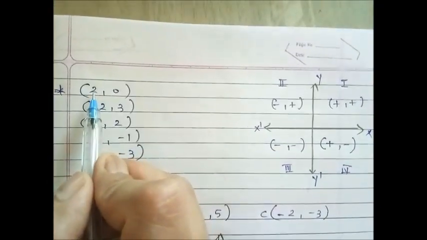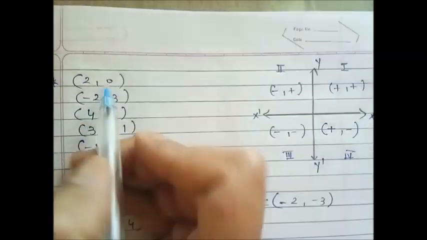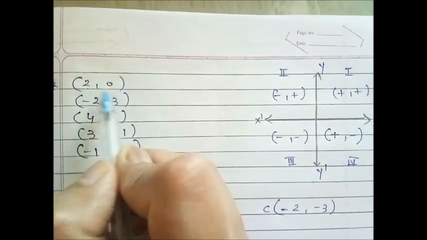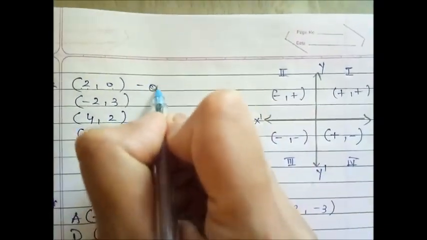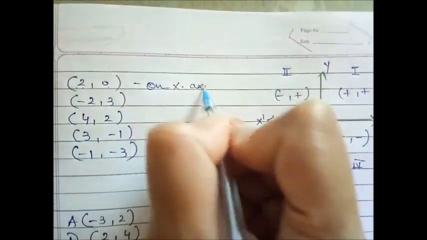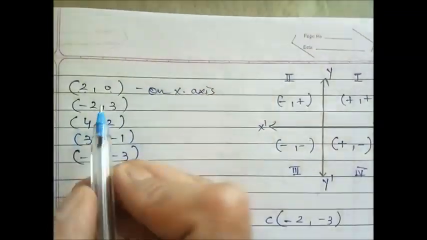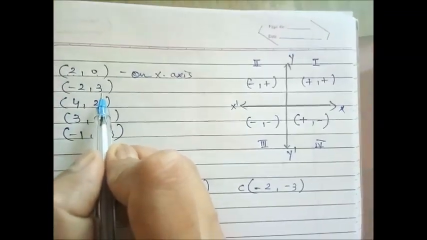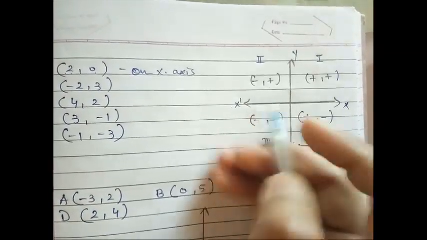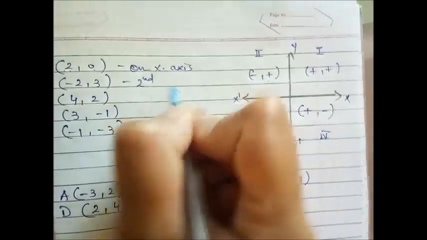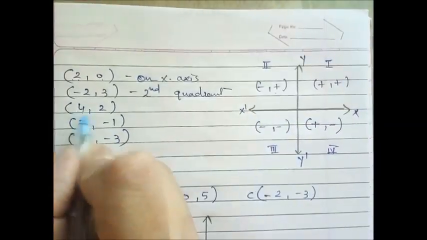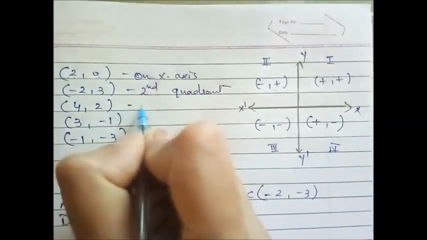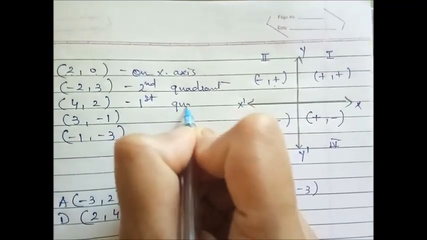Now let's check in which quadrant each point falls. This is 2 and 0, that is x is 2 and y is 0, that means it is on the x-axis, right? Because y is 0. Then -2 and 3, x is minus and y is plus, that is the second quadrant, right? Then 4 and 2, both are positive, that means first quadrant, right?